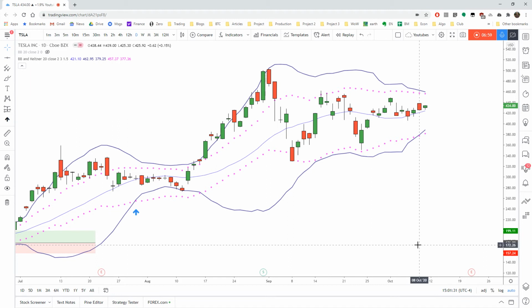The Keltner channel is a little bit different. It's measuring the ATR, the average true range, of the different bars from an exponential moving average. Again, they're both measuring the distance that price travels from a moving average. Bollinger using simple, Keltner using exponential.